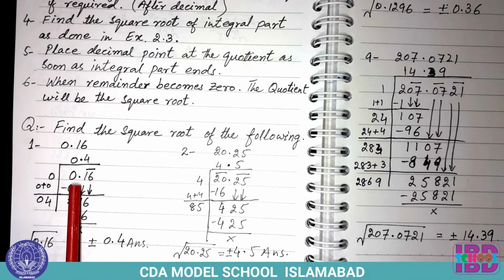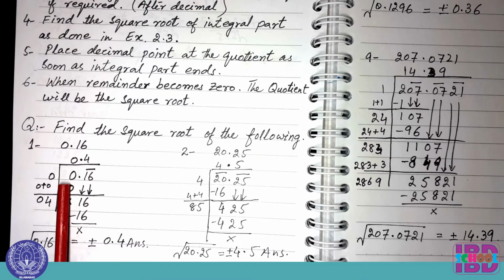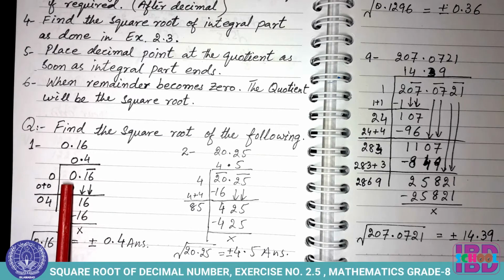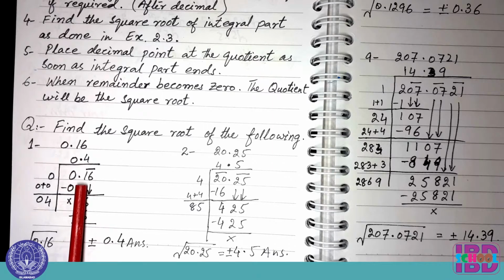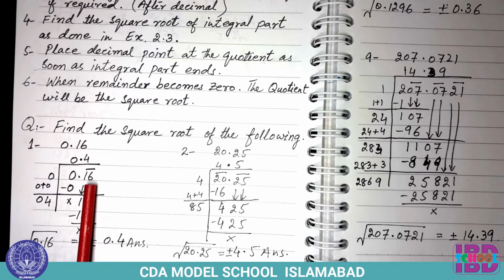When we go to its left, there is 0. So there is no need to make a pair. When we go to the right direction, there is 1 and 6. 1 and 6 make a pair.